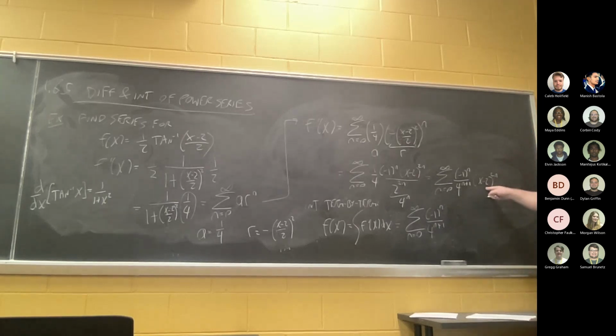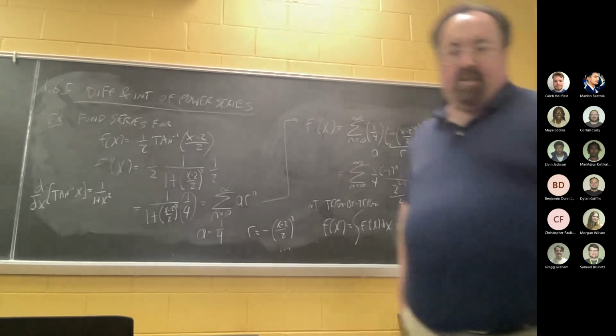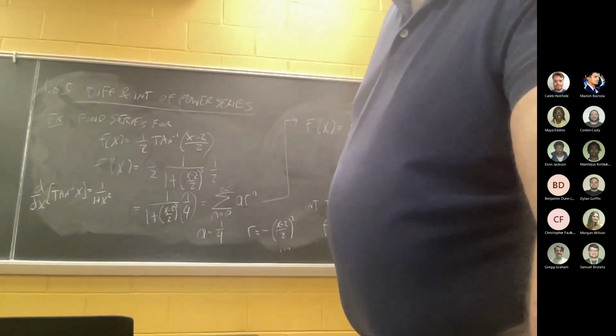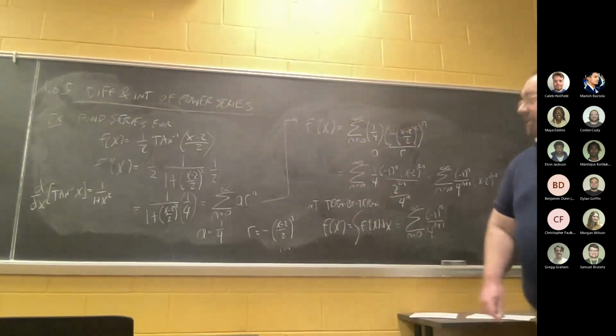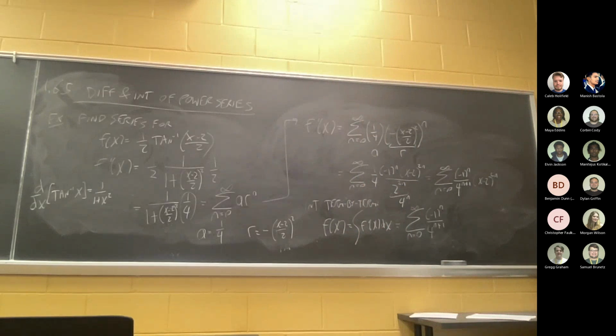Okay, so when I take the antiderivative of just this, what's that going to give me? u^(n+1) over n plus one.